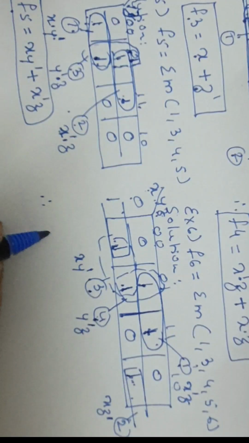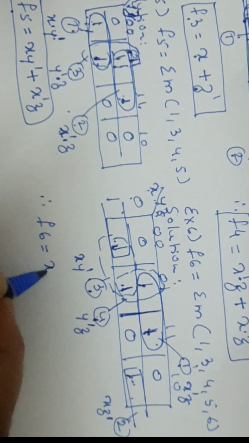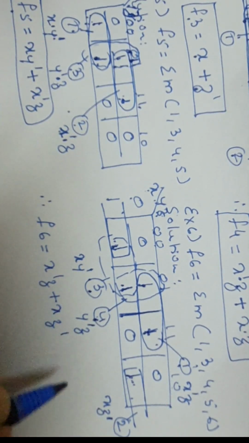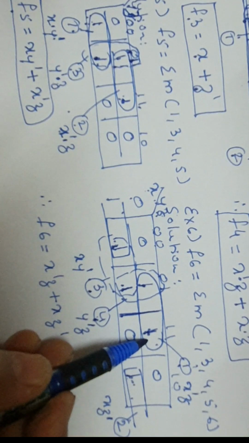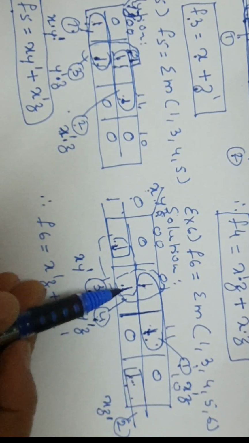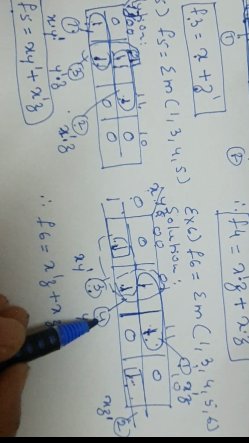Hence the final solution is F6 equal to the essential prime implicants, which we have to write: x dash z plus x z dash. So with respect to this group and this group, these two ones are over. But to cover this, either this or this, 3 or 4.